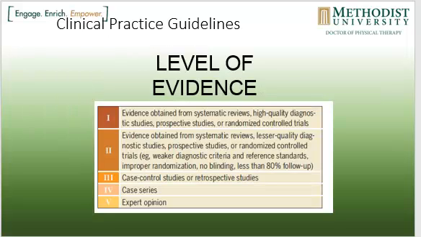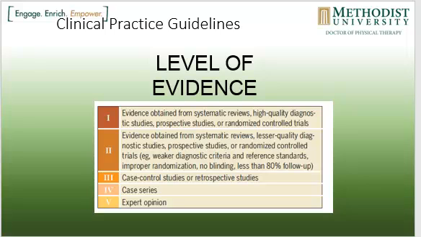How they go about this is they look at the level of evidence between 1 and 5. Level of evidence that is graded as a 1 has high quality diagnostic studies. Often they have a control group and a trial group. The groups have been randomized, or they can use systematic reviews. Level 2 are lesser quality diagnostic studies.